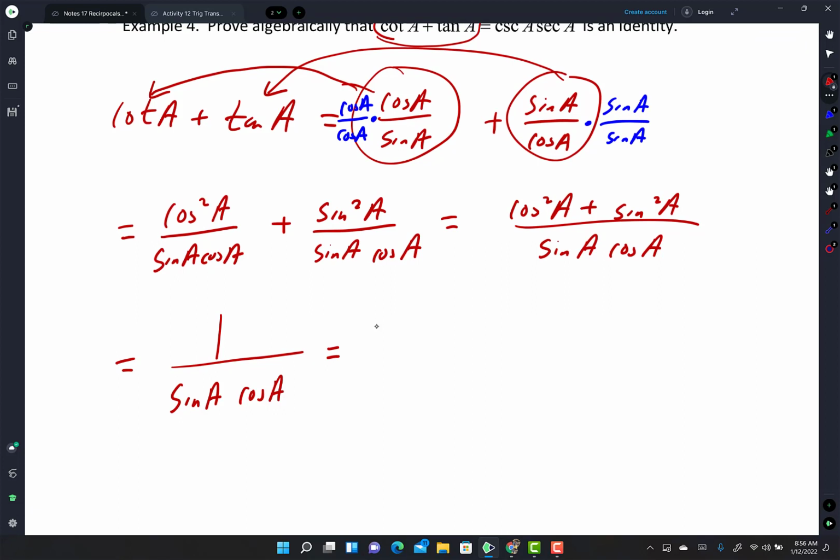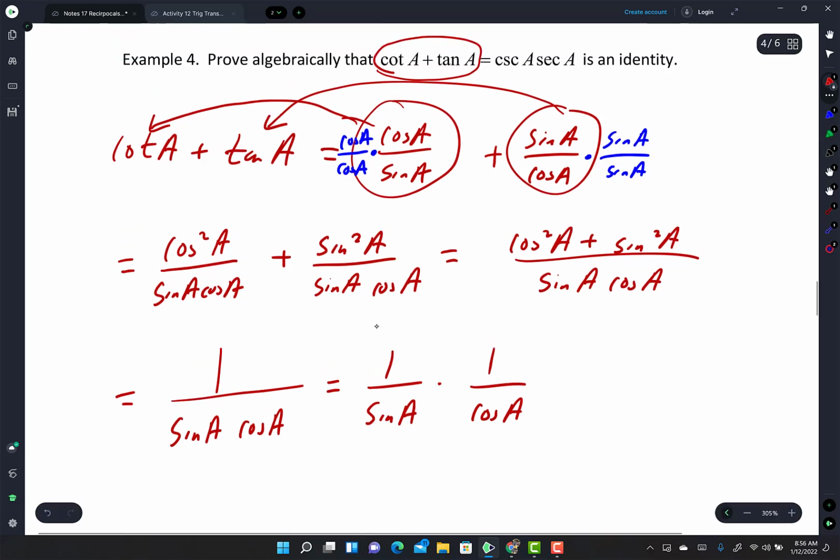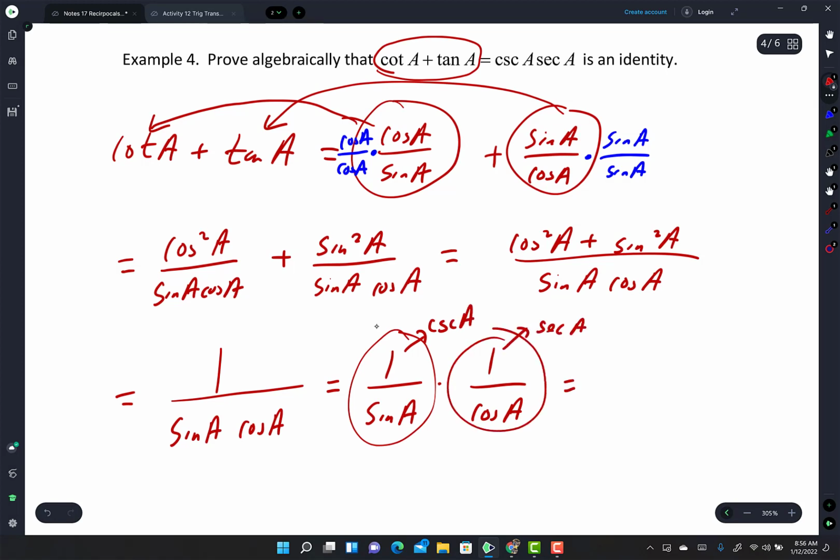We can break this fraction up, 1 over sine A cosine A, into 1 over sine A times 1 over cosine A, can't we? Yes. And what is 1 over sine A? Cosecant. What is 1 over cosine A? Yeah, and look at that, guys. Cosecant A, secant A. And this starts to become fun because it's kind of like a little puzzle.